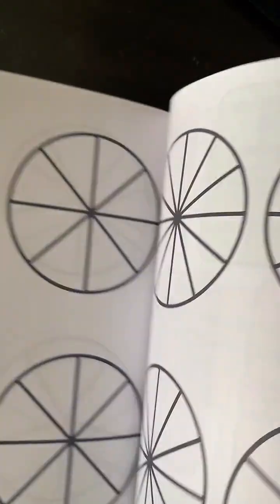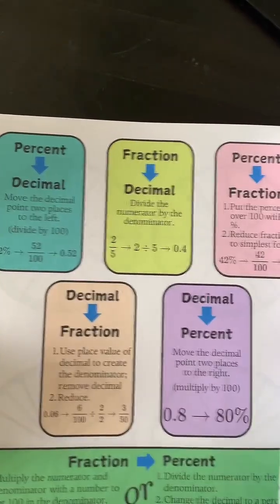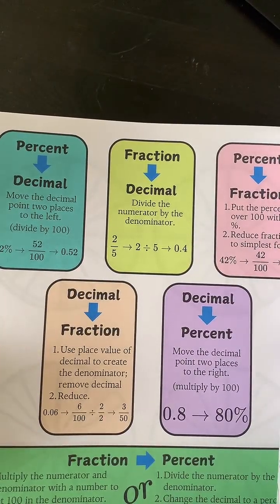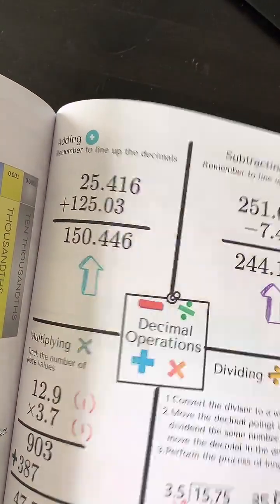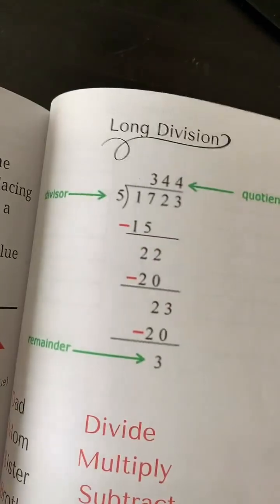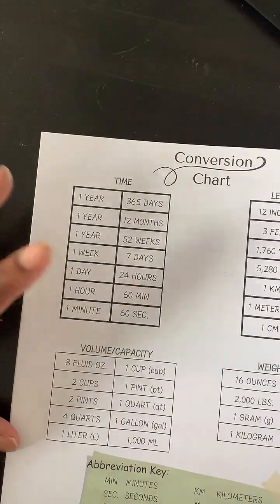What is a fraction? Couple examples of fractions that they can use for activities. Then the whole transformation from a percent to a decimal and so forth. Fraction operations, as well as the place, decimal operations, talking about long division. Oh, this one's always fun.